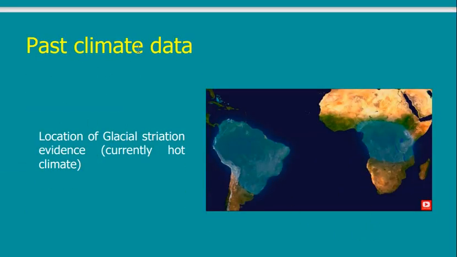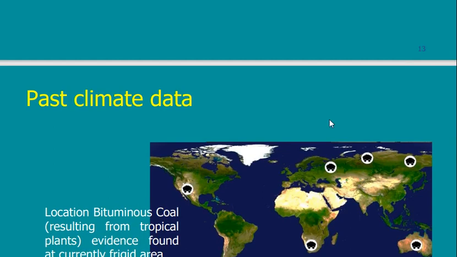So, past climate data: he found at this location and at this location glacial striation. How come? This is the hottest part of Earth. It cannot come like this. It means that one day it was a little bit above or below, so that it would be in the cold zone.